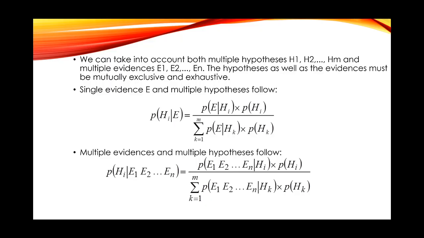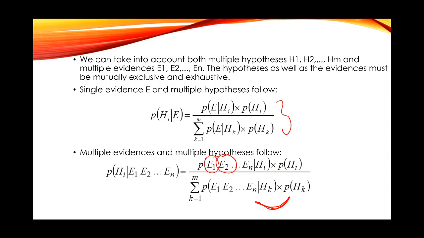So this is when we have single evidence. If we have multiple evidence, we are going to multiply all of the evidence together over all of the evidence plus when the event does not occur.